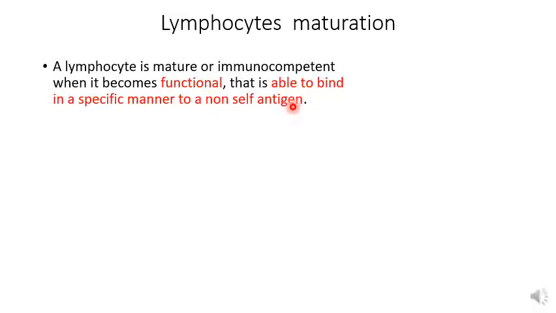Of course, a non-self antigen is an antigen that doesn't belong to your body. So every lymphocyte in your body that is able to bind to a non-self antigen is called functional and is considered to be a mature lymphocyte.